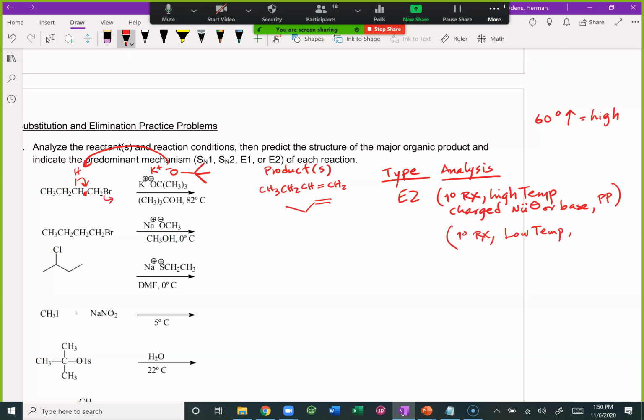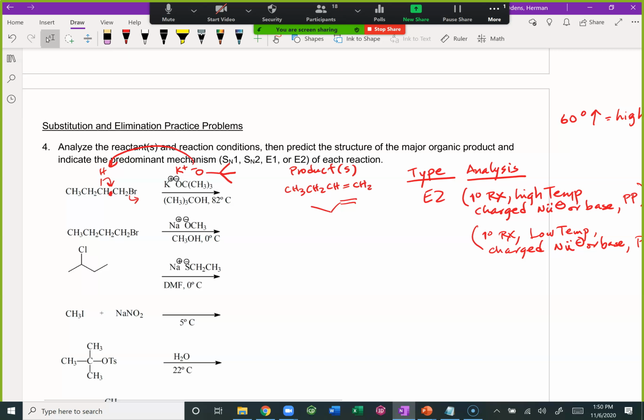We have a charged nucleophile or base. We don't know yet. Right here on the top, that acted as a base instead of a nucleophile. We don't know yet what this is. And then we have another polar protic solvent.